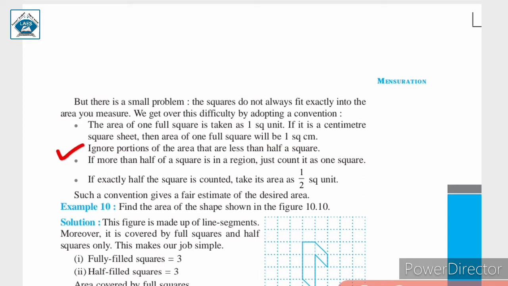Ignore portions of the area that are less than half a square. If more than half of a square is in the region, just count it as 1 square. If exactly half the square is counted, then take its area as half square units. So these are the conventions we need to adopt to get over the difficulty.